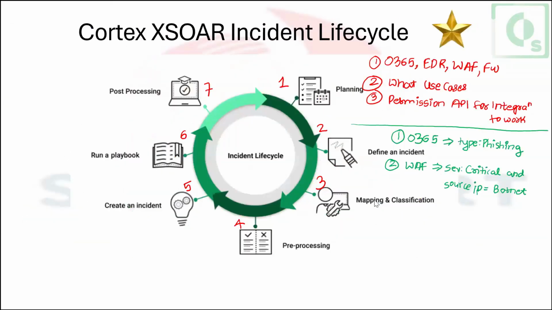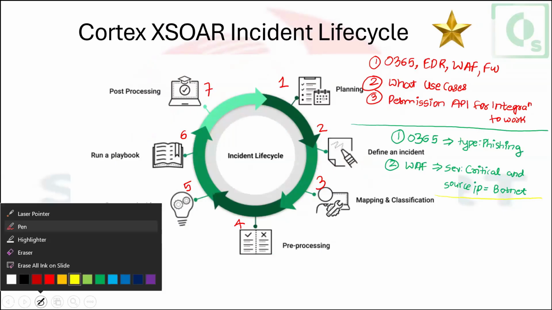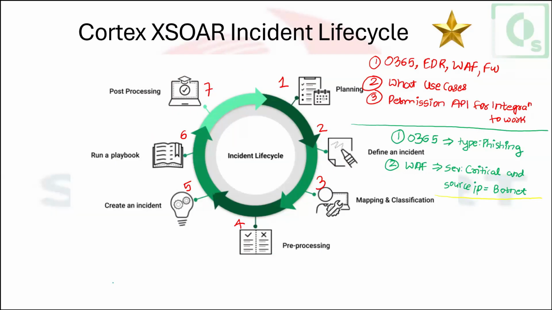Okay, now let's go to the next stage. The question arises: where do we define the incident? The place where you define the incident is called the classifier, which performs classification.